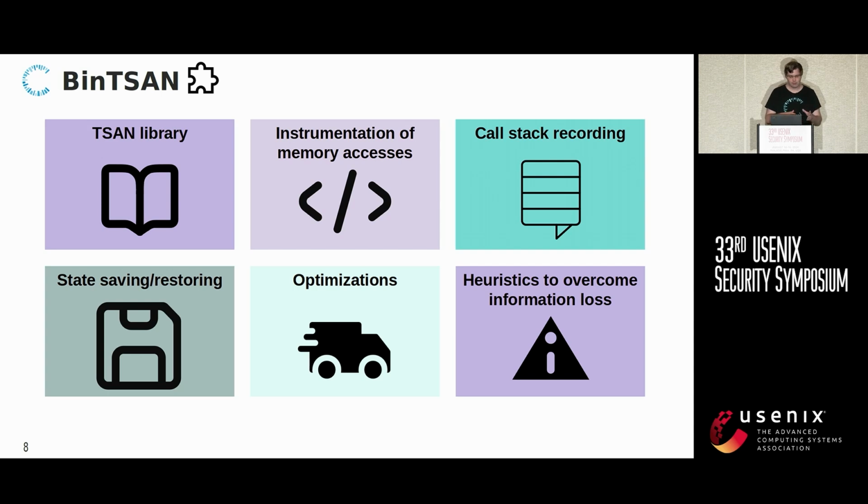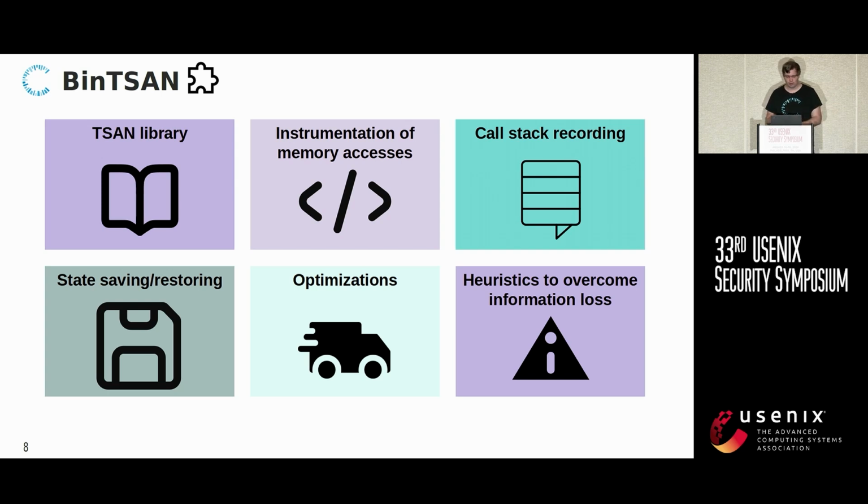If you interfere with a binary, you also have to consider the state of the binary. So if you add instrumentation, you have to save the state, in our case, the registers, before that interference, and have to restore the same state after your instrumentation. In addition to that, we also have optimizations that we implemented. Some of them are specific to our problem of data races.